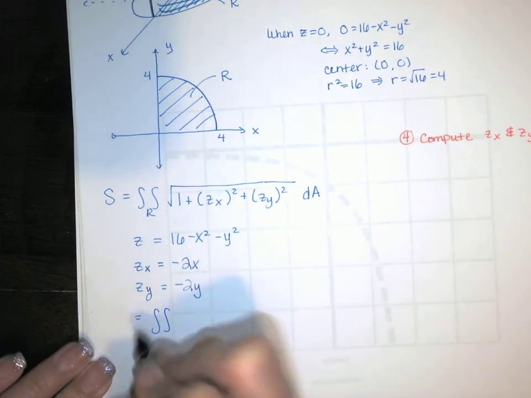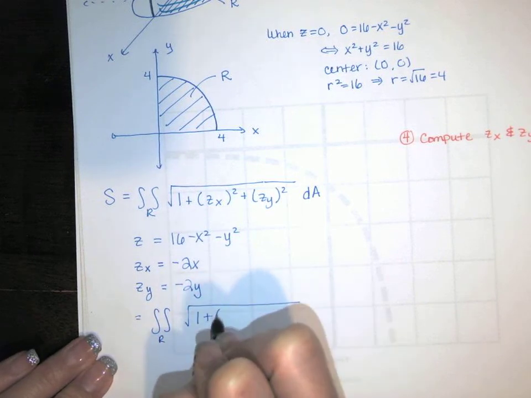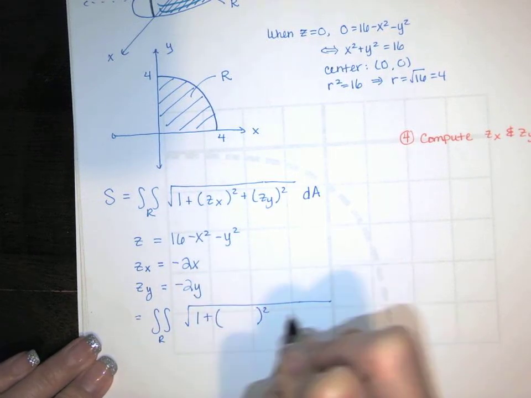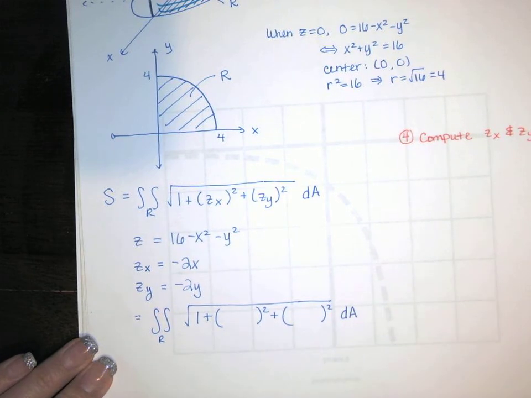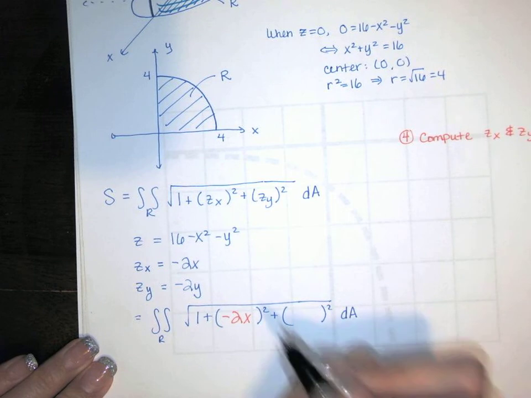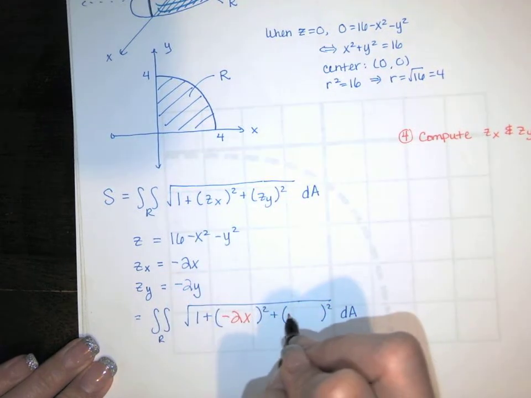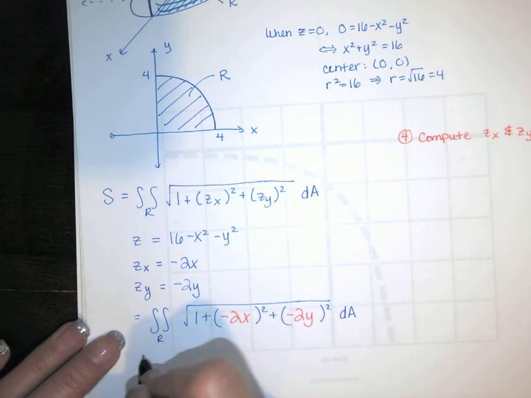So here's our surface area integral if we substitute. Replace the partial of z with respect to x with negative 2x. Replace the partial of z with respect to y with negative 2y. And watch this.